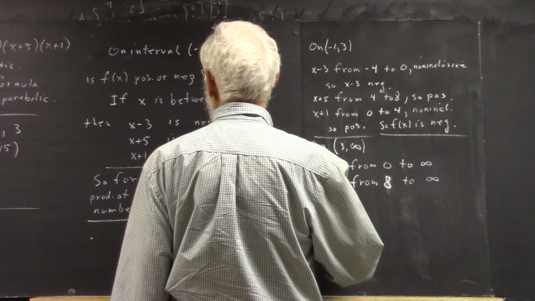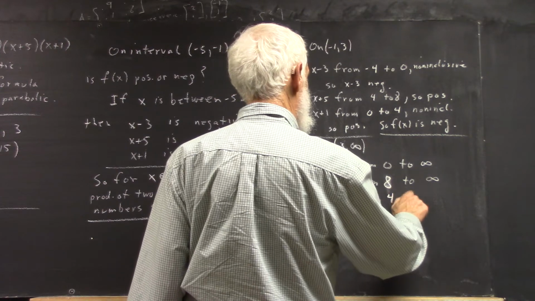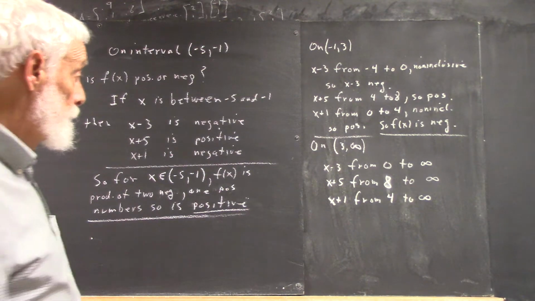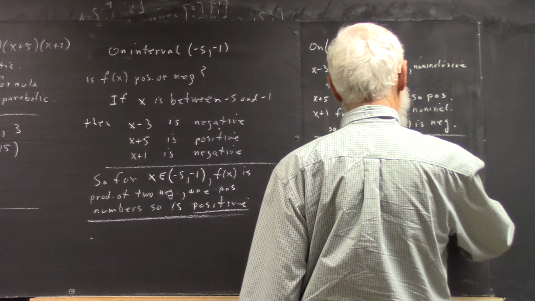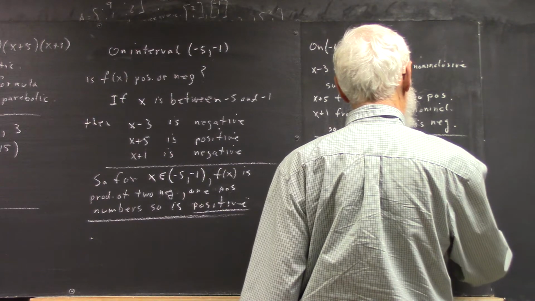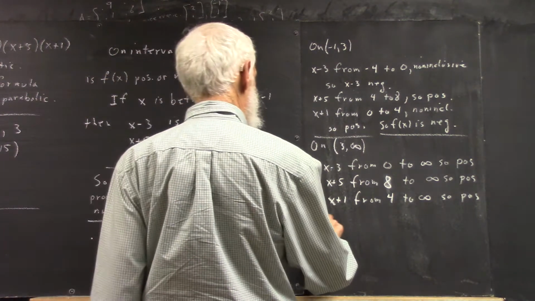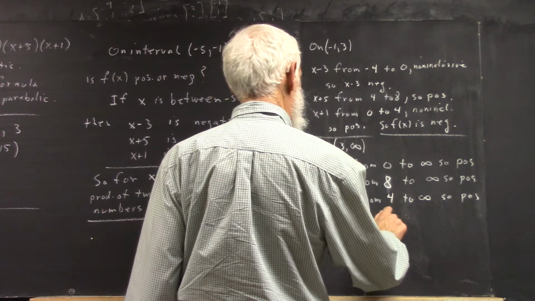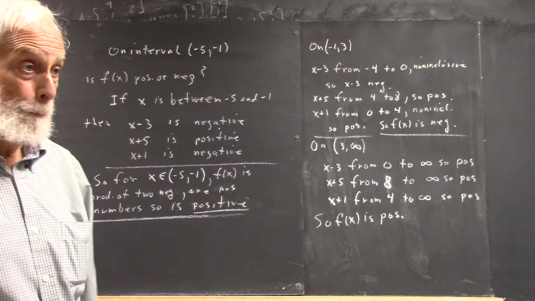And then x plus 1, from 4 to infinity. Positive in every case. So being the product of only positive numbers, you're going to get a positive number, right?